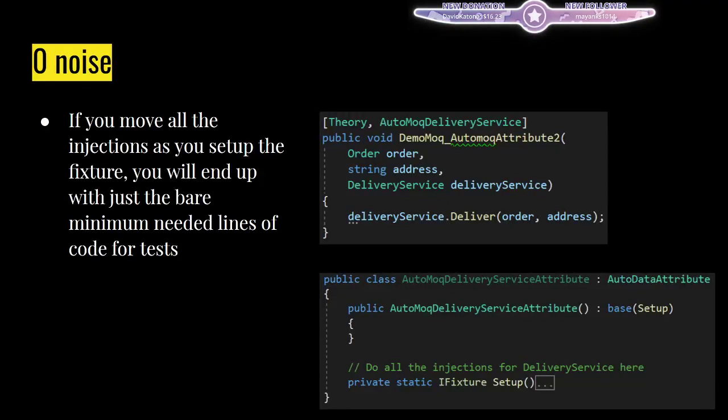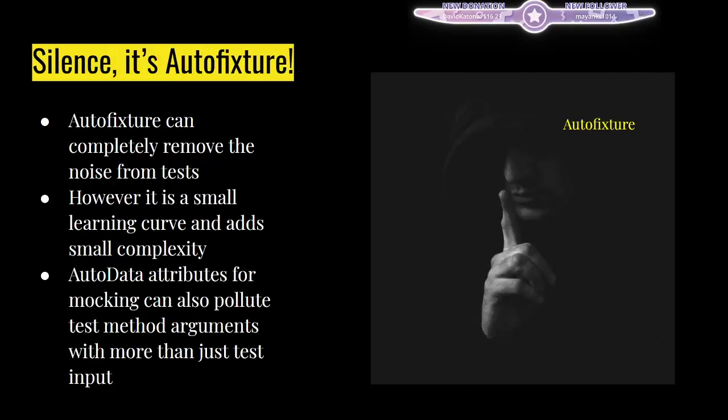And this obstructs the normal way you would read the test, because your method doesn't require a service, yet you pass it in a test method. So that is my only issue with AutoFixture. And this is just a small price to pay, because the benefits are obvious. Other than the AutoData attribute that you can potentially use for mocking, I see no problems with AutoFixture. It's great.